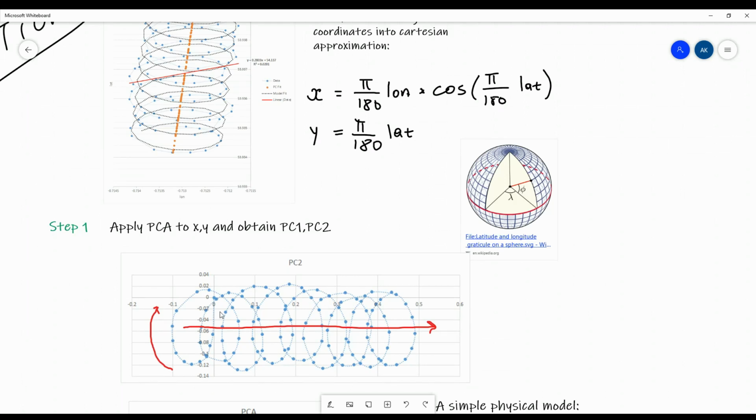Remember in the beginning I said most of the variation is along principal component 1, and some of it around principal component 2. So if we now draw principal component 2 as a function of principal component 1, you will see the spiral-like movement, right? So now that's what we're trying to model. Okay, how can we model the spiral?